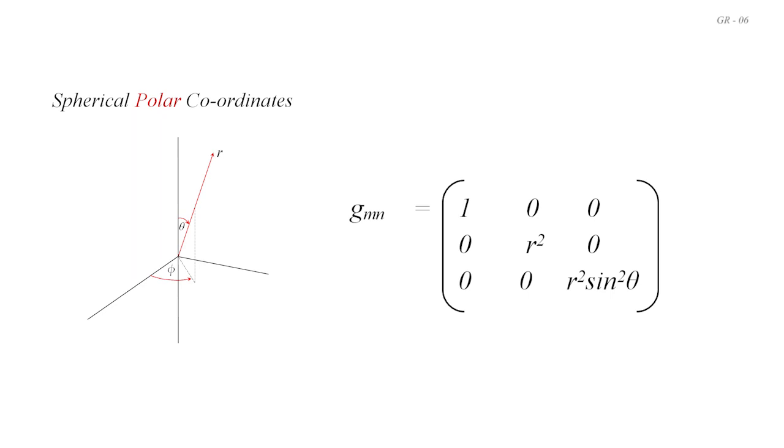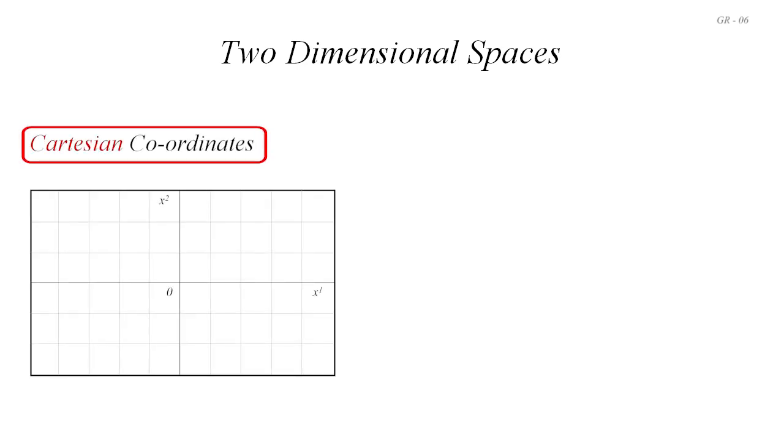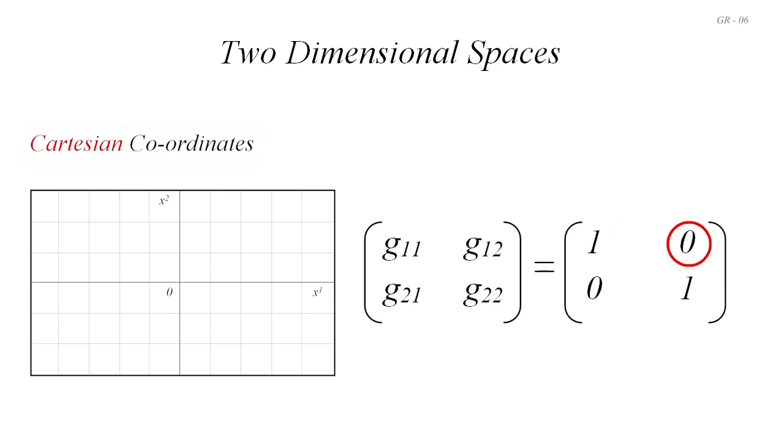Anyway, to sum up here what we've been saying about two-dimensional surfaces, let's remind ourselves of the 4 frames of reference and the 4 spaces that we've been considering. 3 for measuring within a flat two-dimensional space and 1 for measuring within the curved two-dimensional space of the surface of a sphere. Firstly, Cartesian coordinates in a flat two-dimensional space gives us a metric tensor of 1, 0, 0, 1.